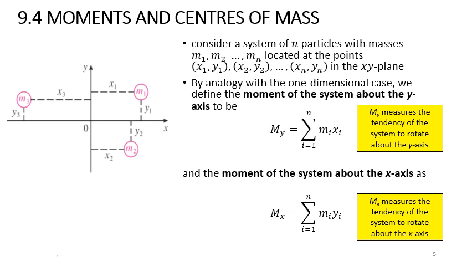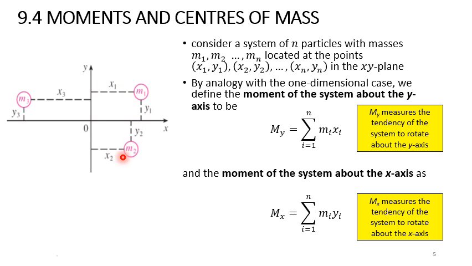So here you have both. Okay, My is defined as the moment of the system about the y-axis. So it is the summation of the product of mass and the distance from the y-axis. Okay, so if you look at this graph here, this is your y-axis. So the distance of m1 from the y-axis is given by x1.